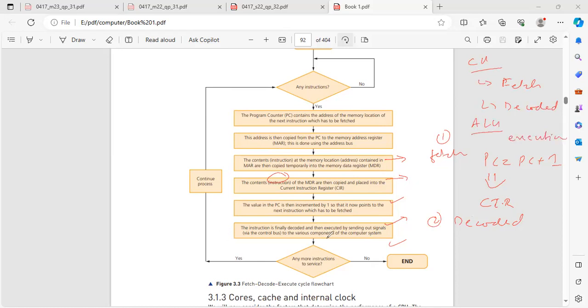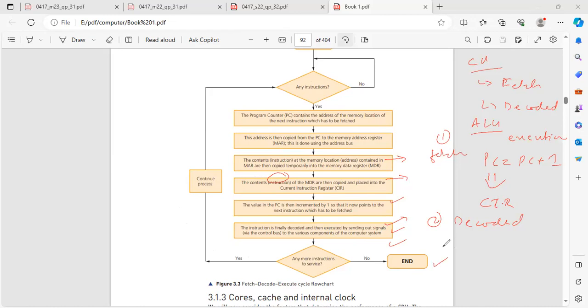The instruction is finally decoded and then executed by sending out signals via the control bus to the various components of the computer system, so that all components are ready to perform the current operation. When it is completed, is there any more instruction to service? If yes, this process starts again. If no, then it will end.